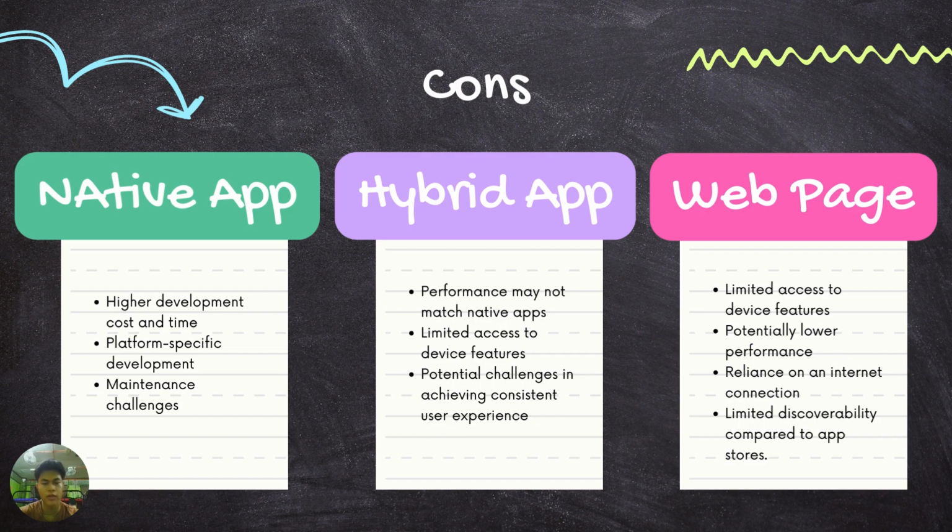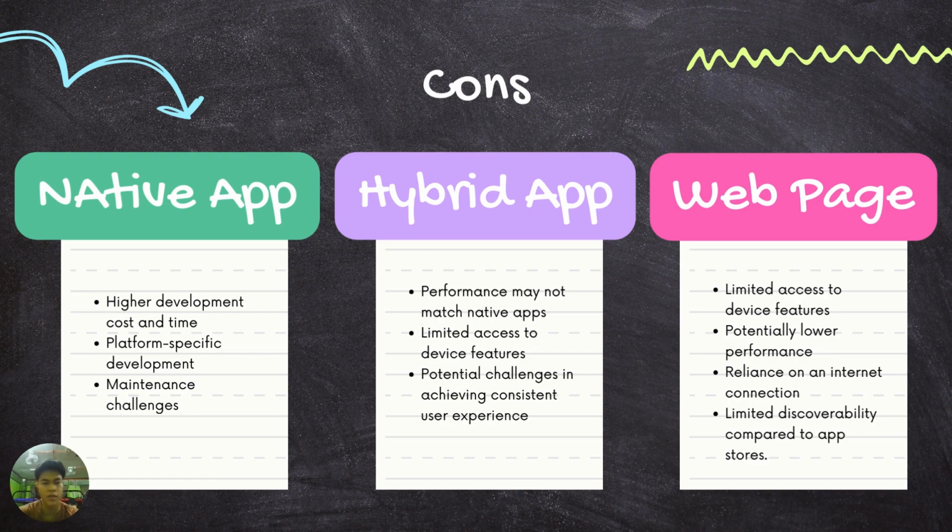It is also potentially challenging in achieving consistent user experience. So for a company using the hybrid app, it might be challenging to fulfill the user wishes, to have a smoother experience while going through the app.